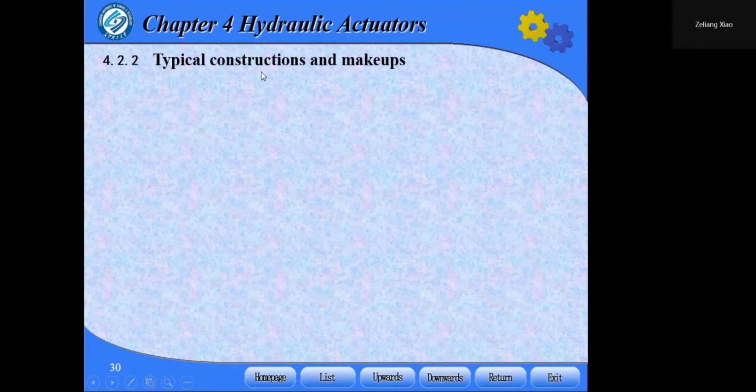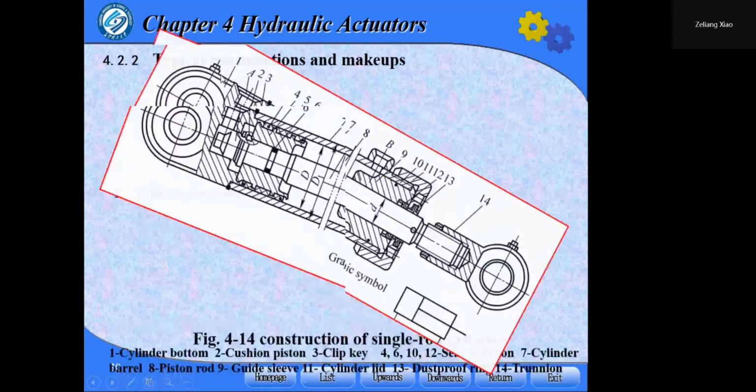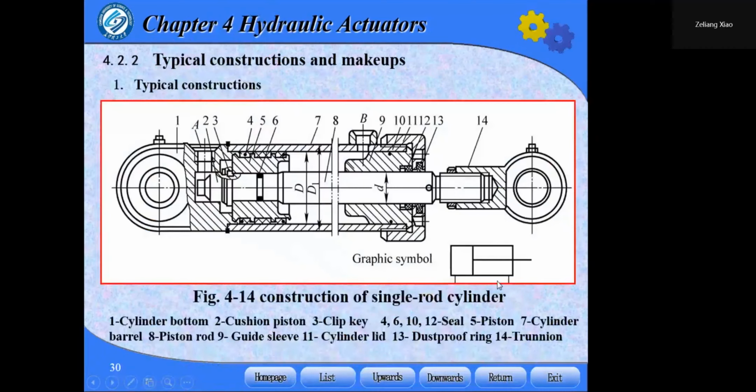I introduce the typical constructions and the makeup of the cylinders. Figure 4.2, first construction of the single rod cylinder.